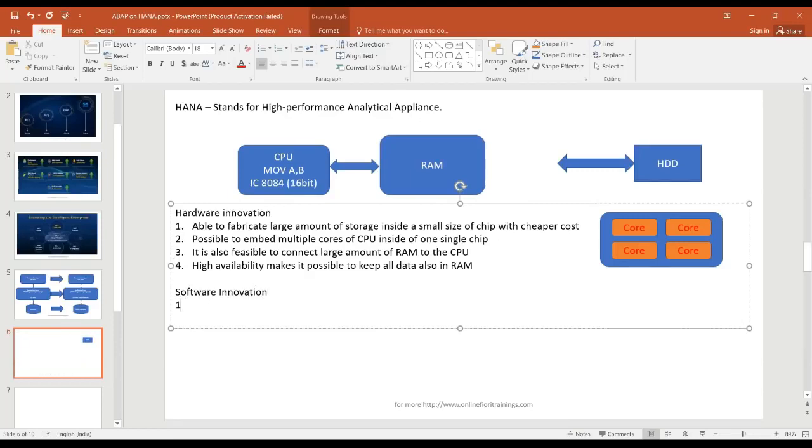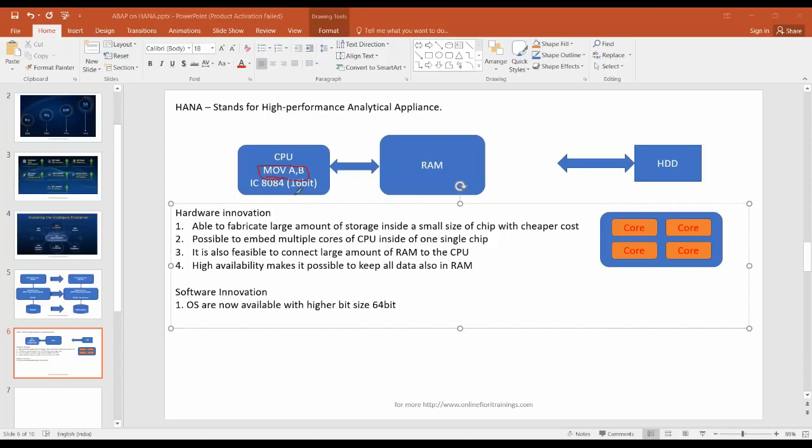The first software innovation, I would say, is the operating system. Operating systems are now available with higher bit size. You might have heard about 32-bit operating system, 64-bit operating system, right? What does it mean? It indicates the speed by which the instructions can be pumped to a CPU. The CPU works on these instructions.